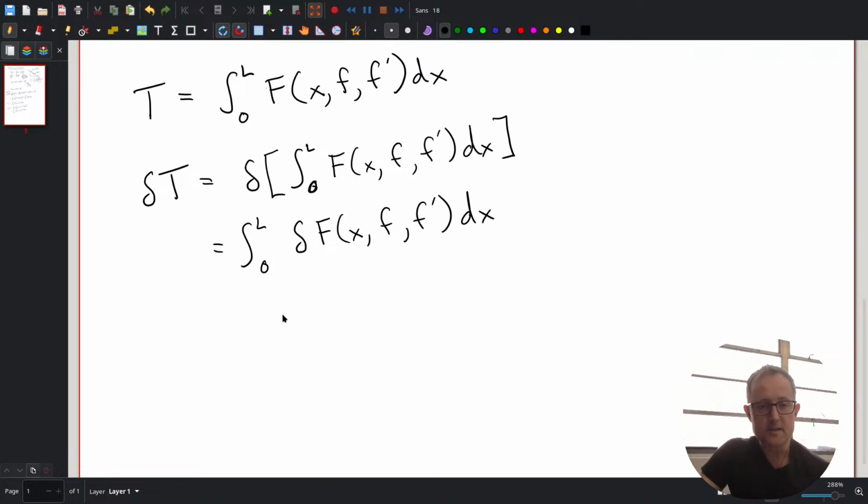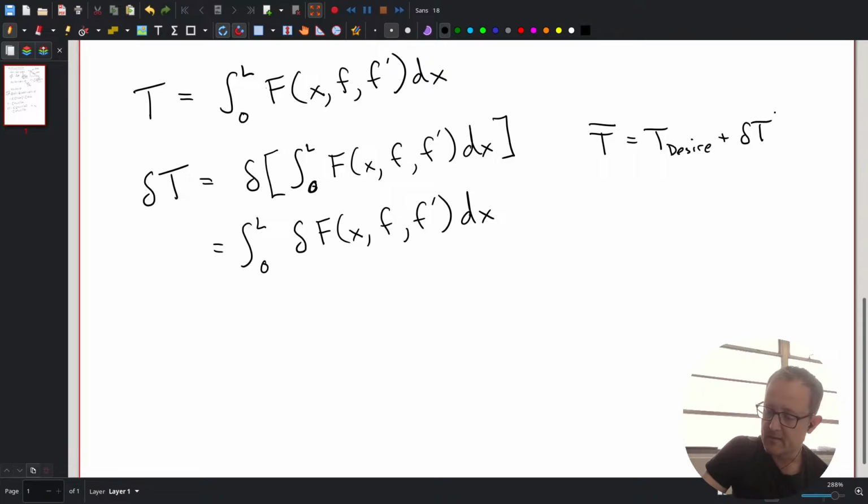So that's delta t. Here I'm saying our t bar, the current time that we have, equals some desired time plus that delta t. So when delta t is 0, then our calculated time is our desired time, the shortest time in this case.